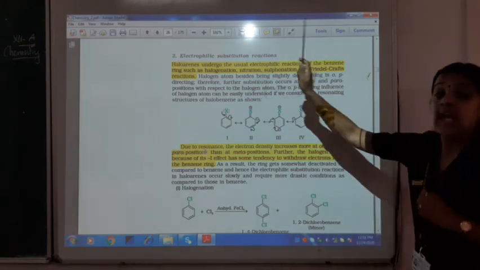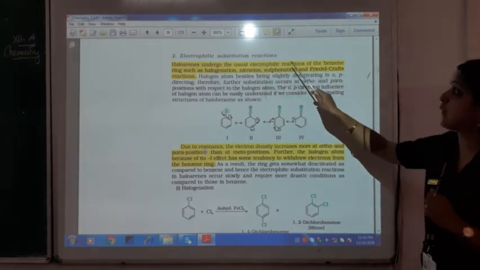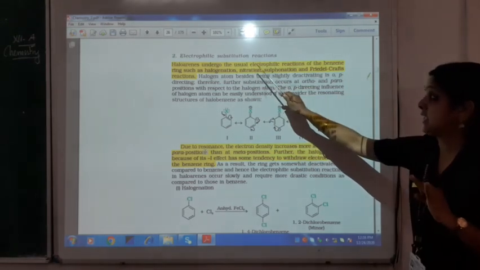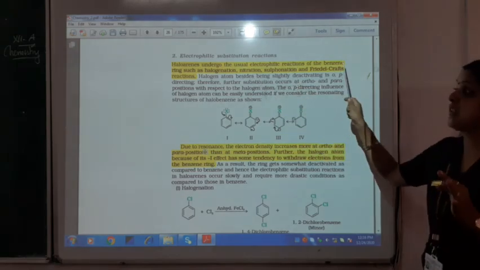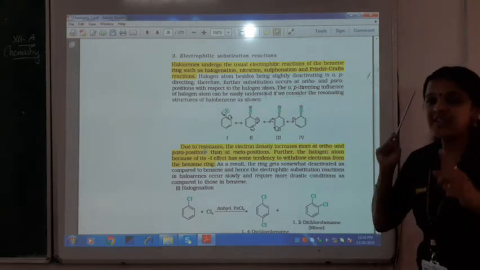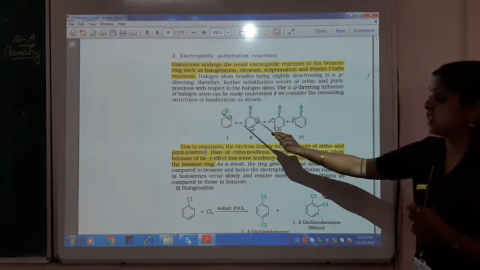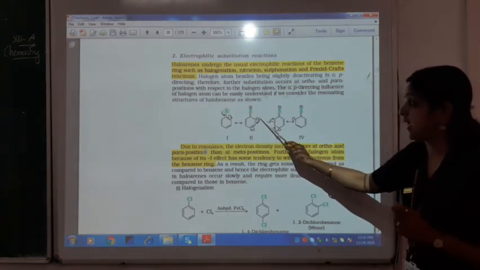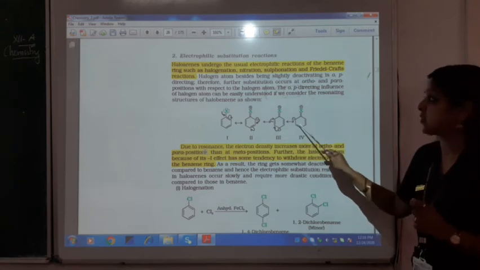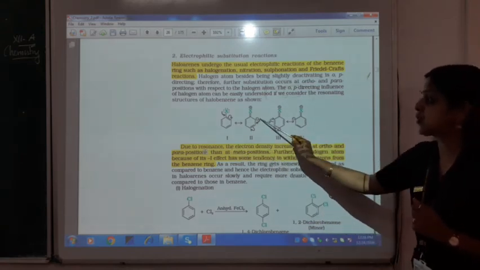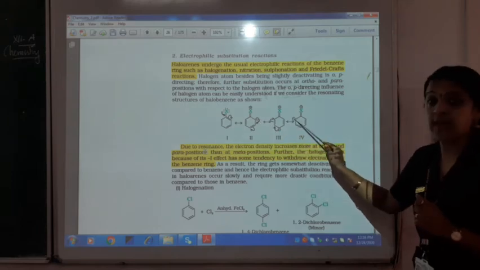Because we know haloarenes undergo the electrophilic reactions of benzene like halogenation, nitration, sulfonation and Friedel-Crafts reaction. Children, recollect your +1, we have learned this already. So this is my haloarene, again the same resonance structure taking place. Due to resonance, electron density increases at ortho and para position.